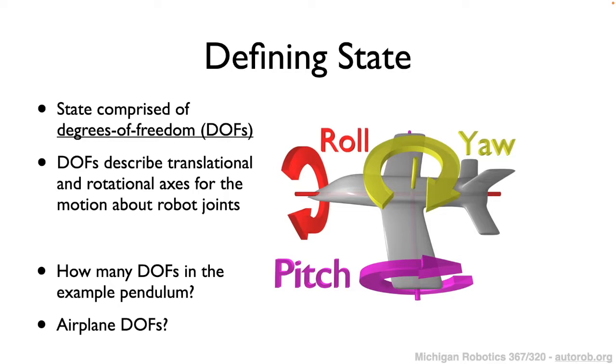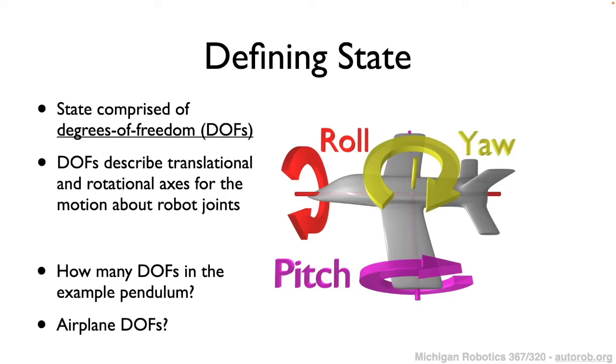The translation describes where in space the origin of the plane is going to be centered, whereas the rotational degrees of freedom describe how the orientation of that plane is going to be configured with respect to the origin that it was translated to.